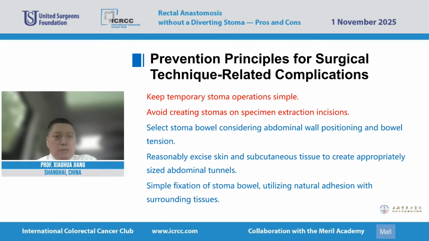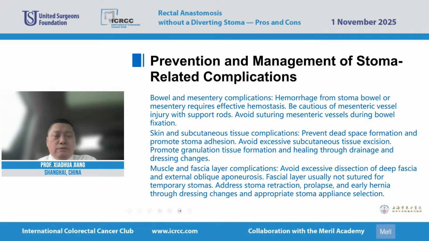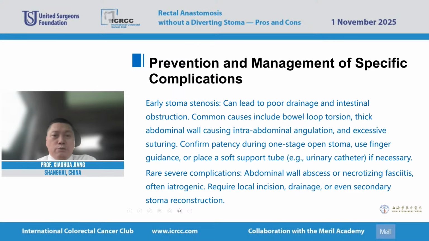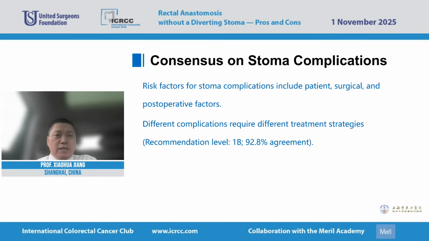And we describe how to prevent, that is, keep temporary stoma operation simple. The second is avoid correlating stomas on specimen extraction incisions. And we have some more details to manage the complications.